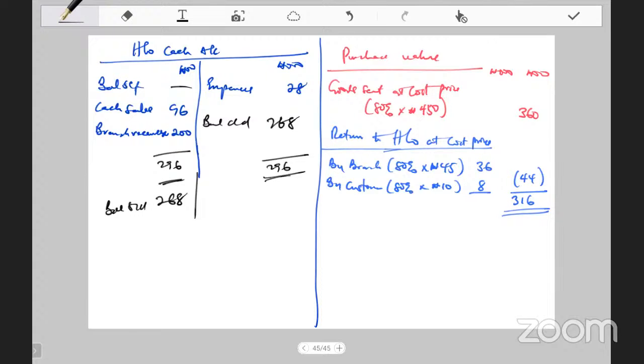Any question for me? If you look at this question, you can use it to answer the same question I gave you, which you used the cost price method. If I apply that method to this, I'll get the same answer.